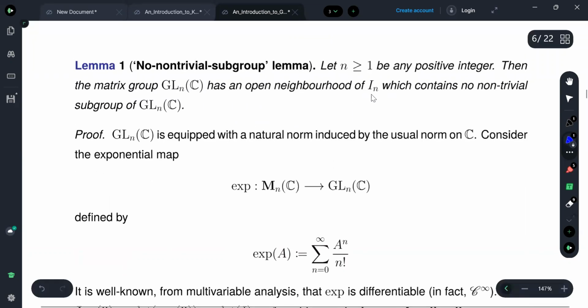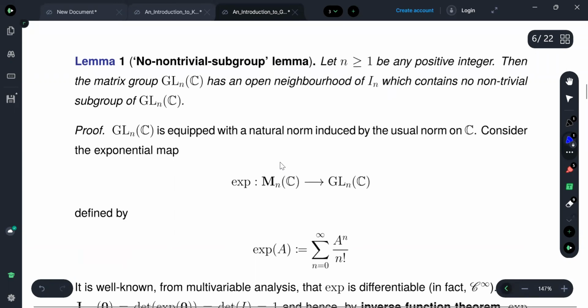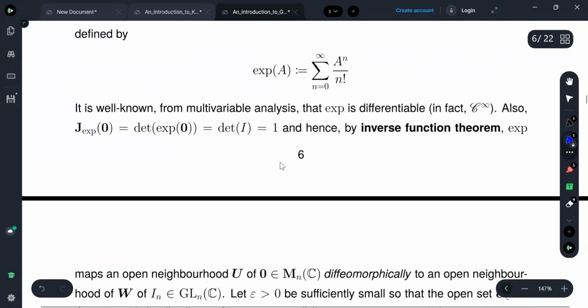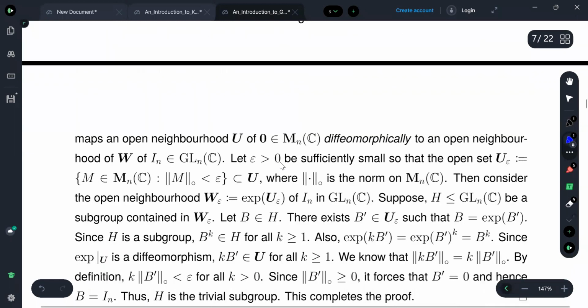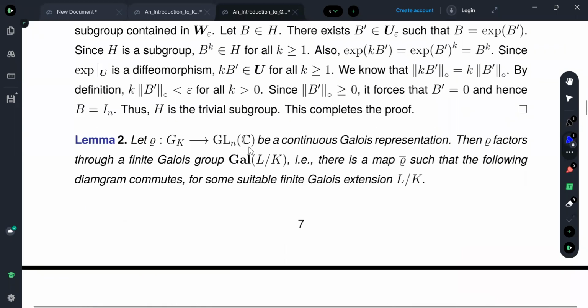By open neighborhood, I mean in terms of the natural topology that comes from C. Using that, I am claiming that if I have a continuous representation of this absolute Galois group in GLnC, then rho factors through a finite Galois group, Galois L over K.